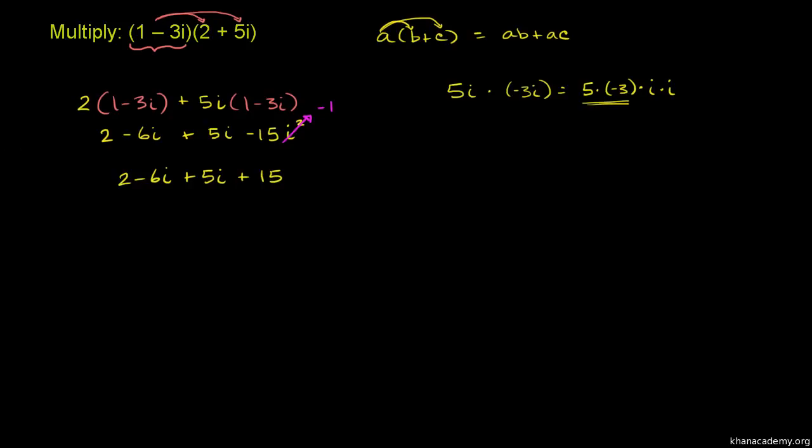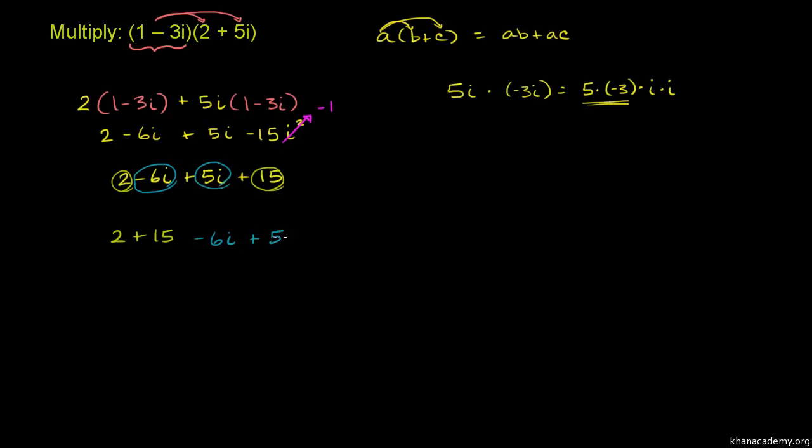Now we can add the real parts. We have a 2 and a positive 15, so 2 plus 15 is 17. And we can add the imaginary parts. We have negative 6i, and then plus 5i.